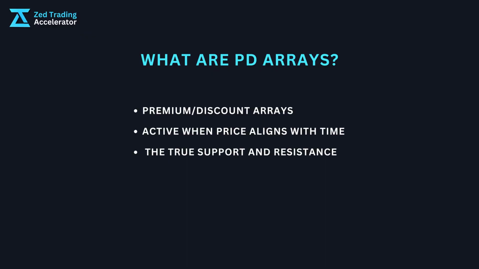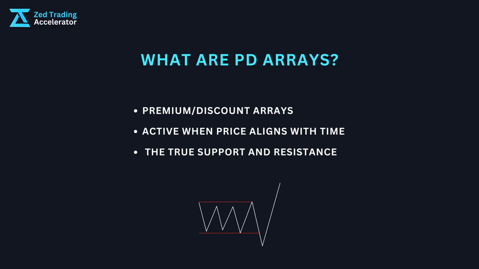So what does it mean? If you remember our last video, the time and price video, I mentioned that time and price is the most important element in trading. For example, you have equal lows, then the price went down lower, and it has now shifted higher.